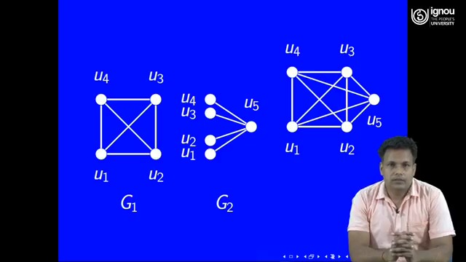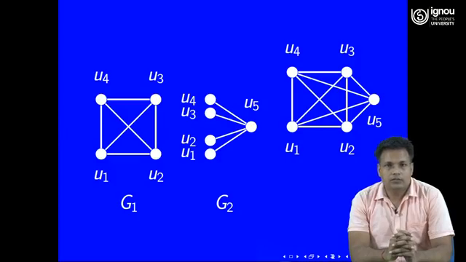Similarly, if you consider two graphs G1 and G2, here G1 is the same graph as we have taken previously, and G2 is a graph which consists of 5 vertices. U1, U2, U3, U4 are the same as the vertices in G1, and U5 is a new vertex.